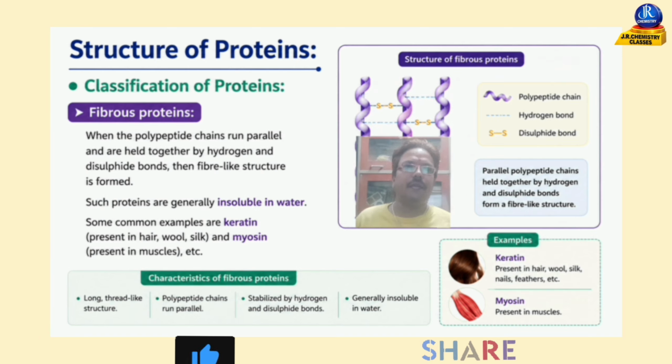When the polypeptide chains run parallel and are held together by hydrogen and disulfide bonds, then a fiber-like structure is formed. Such proteins are generally insoluble in water. Some common examples are keratin, present in hair, wool, silk, and myosin, present in muscles, etc.